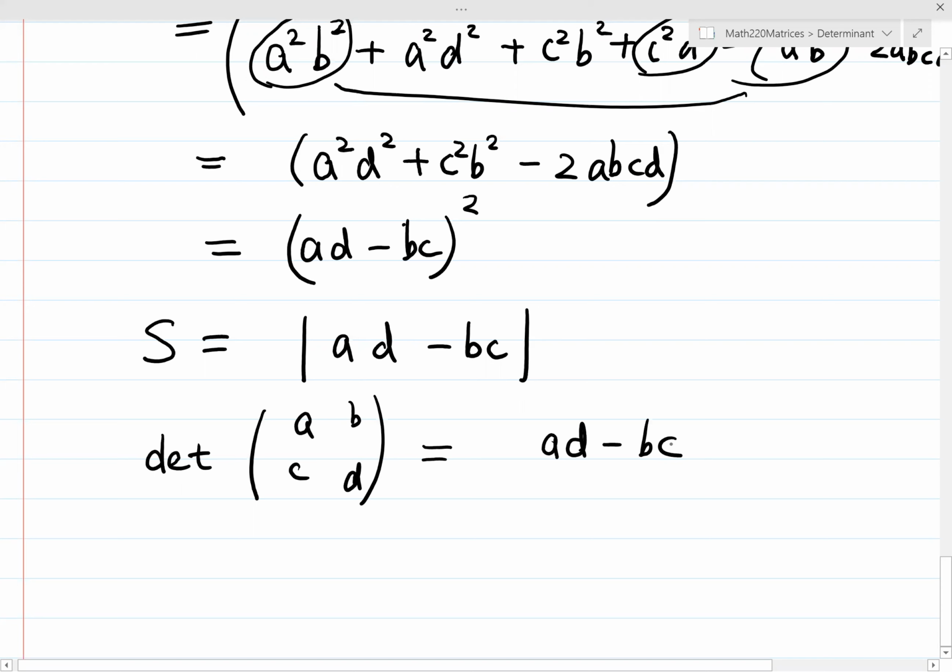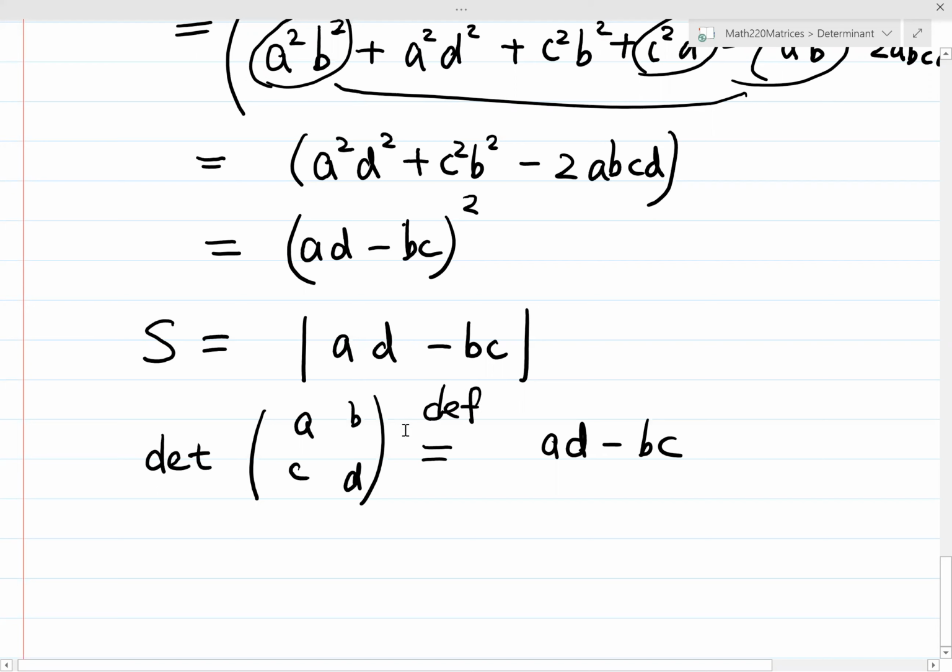Another choice is the negative of this value, but then you will have a problem, because the determinant of the identity matrix, which fixes everything, should be 1. You can check that case. So the negative of this value is not a valid definition. This is the definition that we should use.